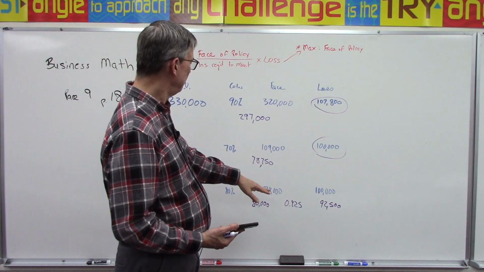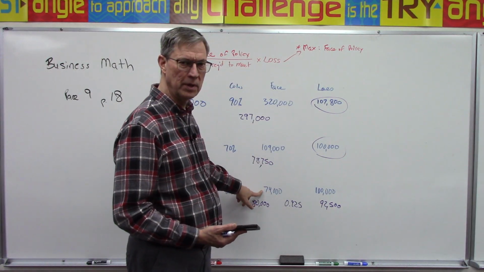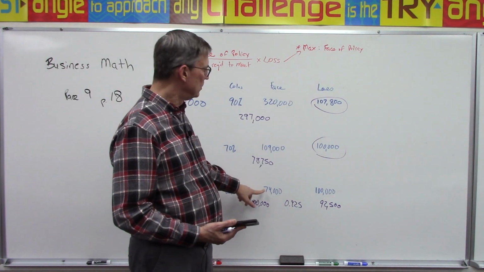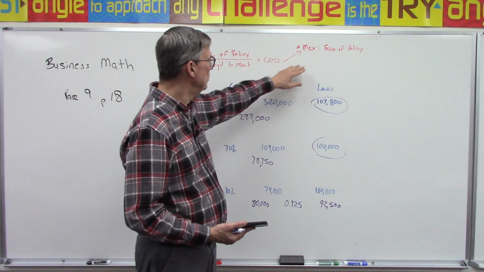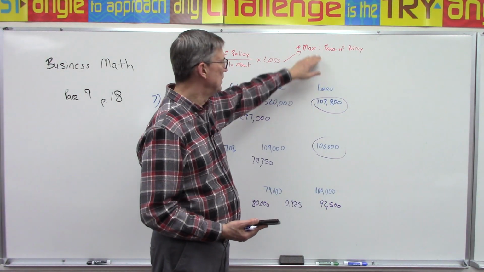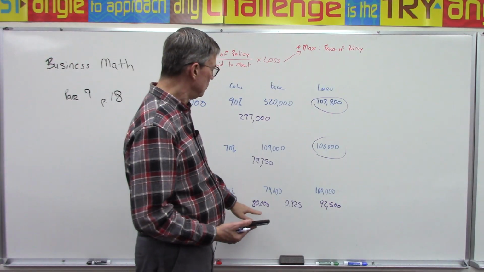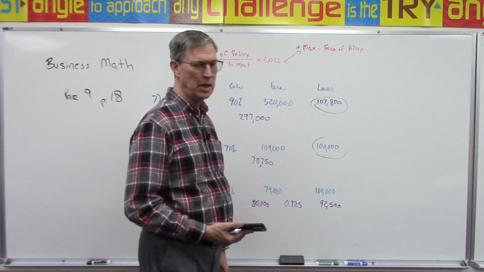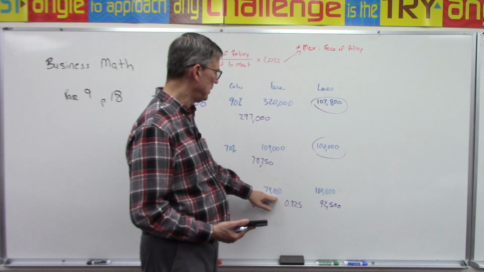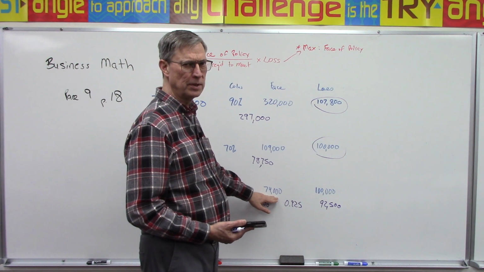But then when I multiply that times the loss, it's greater than the face value. So that's the catching point. If the face value is only 74,000, that's the maximum they're going to pay out, okay? So even though we calculated 92,500, they're not going to pay that much. They're going to say, okay, we'll pay you the max of your policy, but not a penny more.